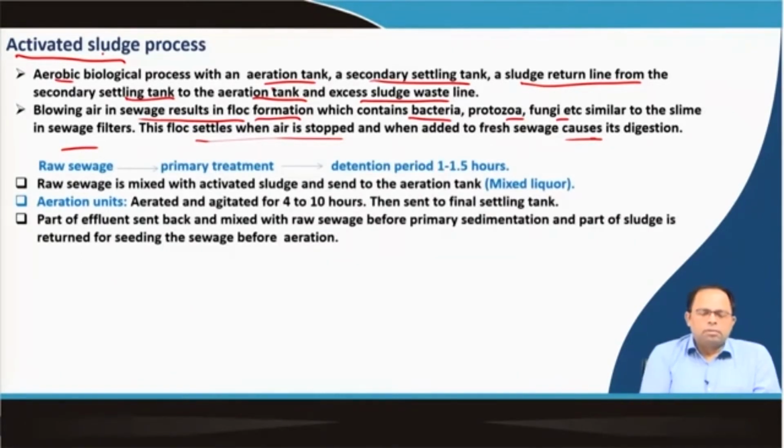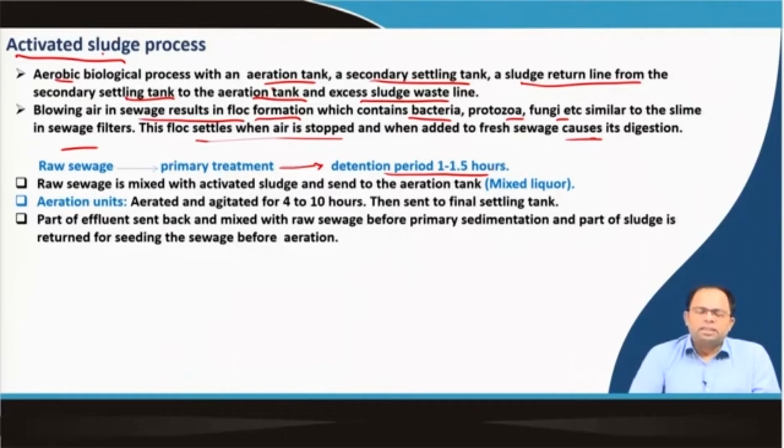So, raw sewage after primary treatment is taken into the activated sludge process aeration tanks, and the activated sludge process has a detention period of around 1 to 1.5 hours.